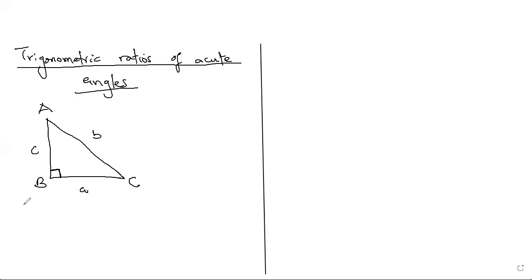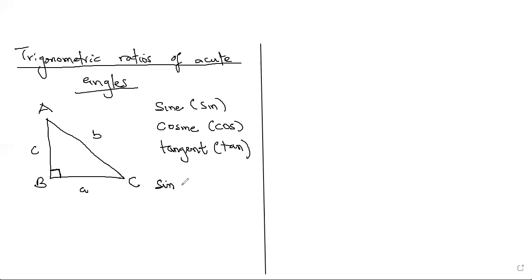So what are the trigonometric ratios? Sine, cosine, and tangent, which are abbreviated as sin, cos, and tan as a shorthand form. The reciprocal of sine, the inverse of sine, is cosecant.